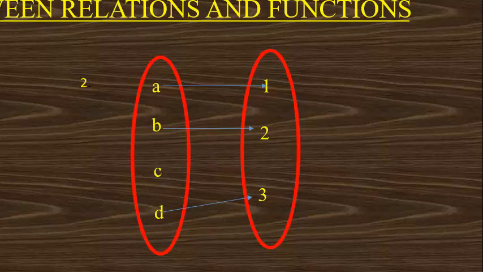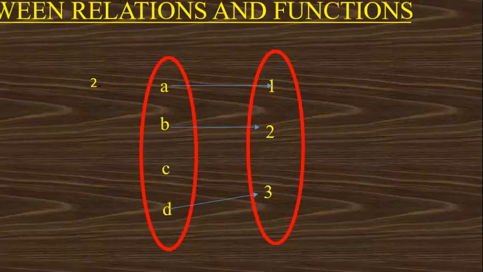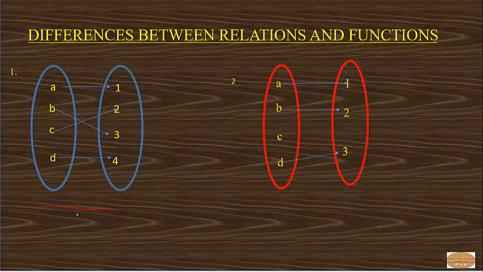So for instance, the first one is a relation and at the same time a function, because by the definition each element in the domain should have an image in the codomain. So each element in the domain corresponds to only one member in the codomain. So this one is a relation and at the same time a function.